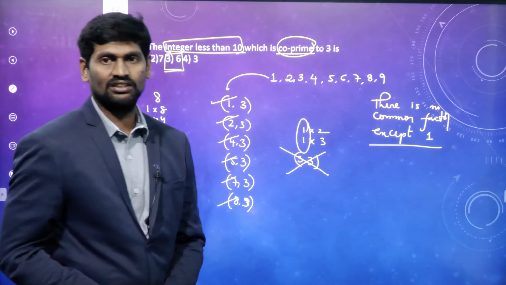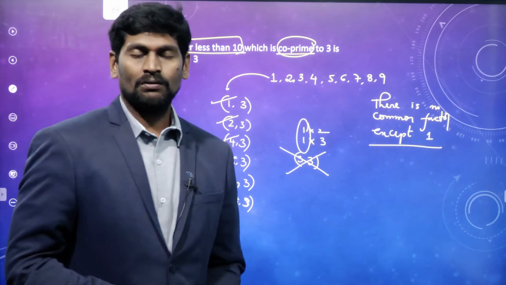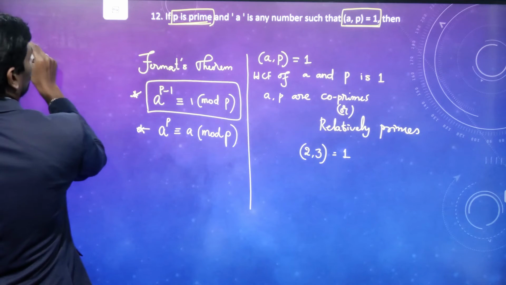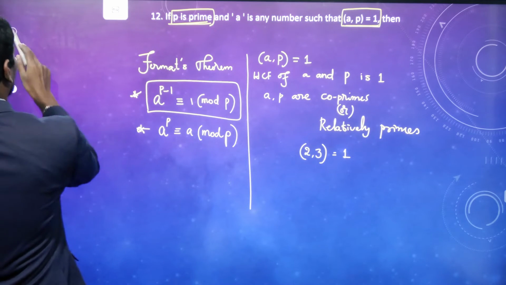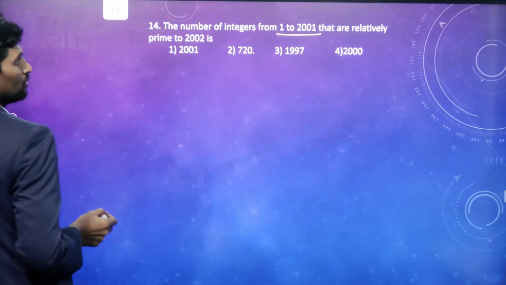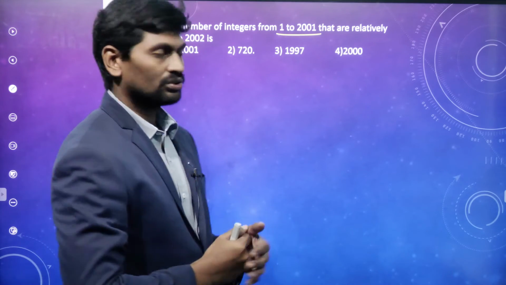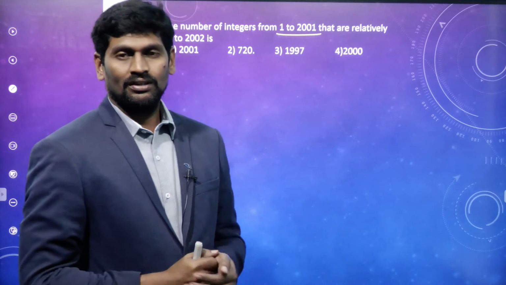But here the question is given 1 to 2001, so 2000 numbers we should write. Is it possible to write 2000 numbers and check one by one with 2002? It is possible, but it will take more time.